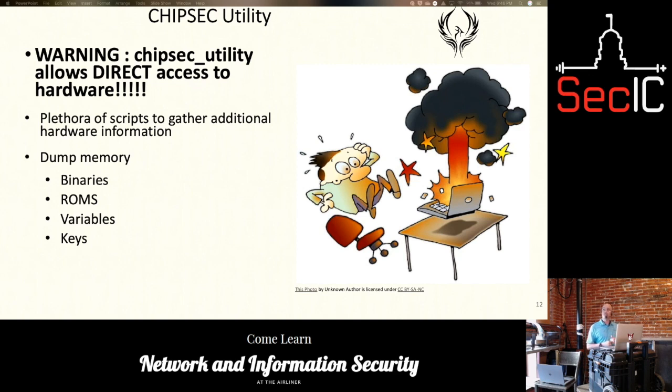You can list the variables, keys for your UEFI, KEK, and different keys like that. That part isn't so much the danger, but you have the ability to then manipulate the memory or clear memory, which probably shouldn't be cleared unless you have a backup.